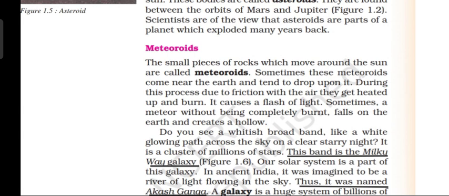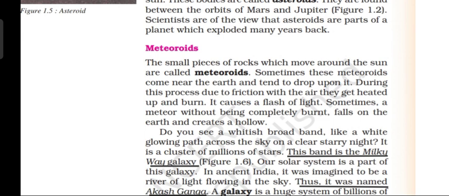So, children, what are meteoroids? Meteoroids are small pieces of rocks which move around the sun. So, that is the definition of meteoroid. Now, sometimes these meteoroids come close to the earth and fall on earth. Now, during this process, what happens?